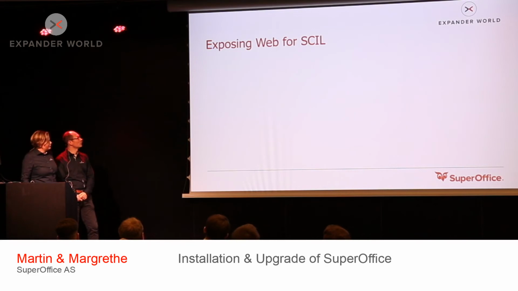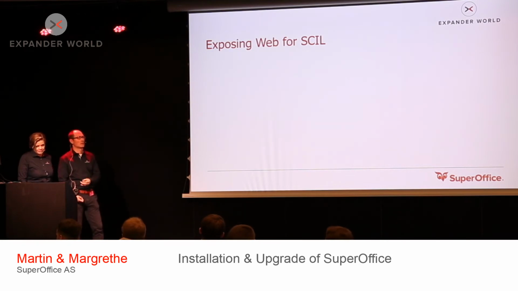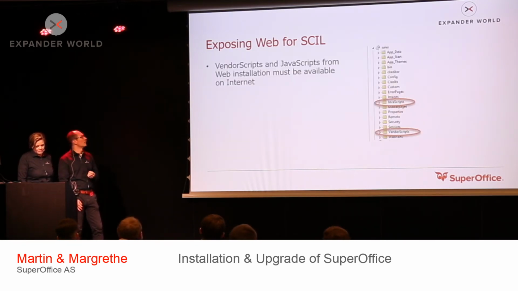Yeah, there is a new requirement with skill. When we use skill, the external browser needs to have access to web scripts and JavaScripts, vendor scripts and JavaScripts from the web installation. So you need to make sure that if you configure the reverse proxy from the browser, these 2 folders need to be accessible.